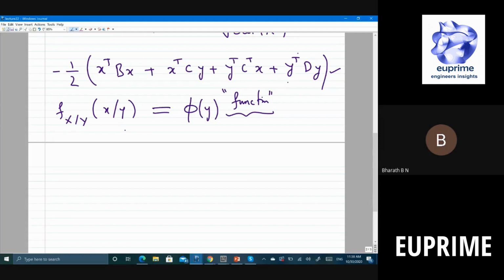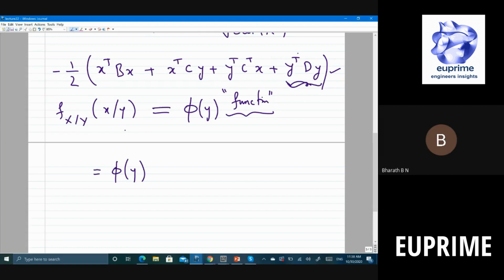The term y transpose Dy is a function of y only, so I can pull that out of the exponent and call it phi of y. We will see what phi of y is.